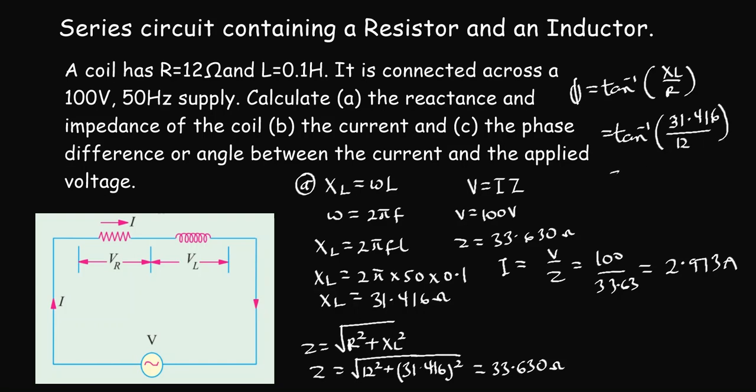Let's do this and see what you are going to get. The tan inverse of 31.416 divided by 12 gives us an angle of 69.09 degrees. So this will be the phase angle between the current and the applied voltage.